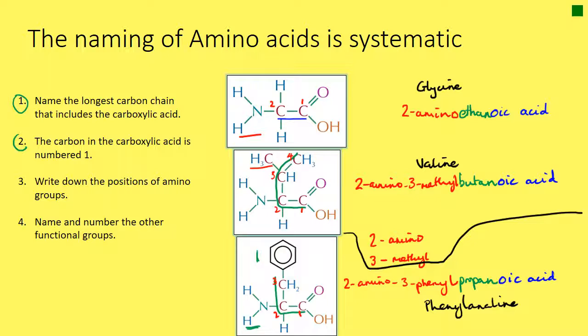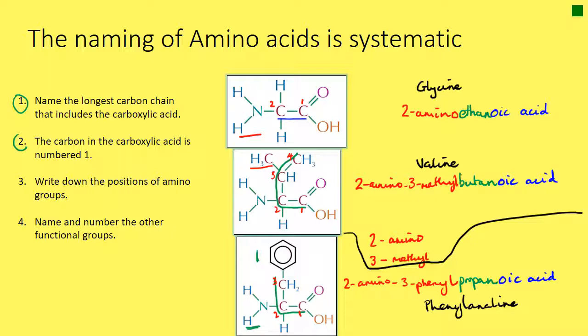Now we're going to write down, we're going to have 2-amino, because our amino group is attached to carbon 2, and we've also got a methyl group here, which is attached to the 3rd carbon. So we're going to have 3-methyl. In which order do we write these in the name? Do we write the 2-amino first or the 3-methyl first?